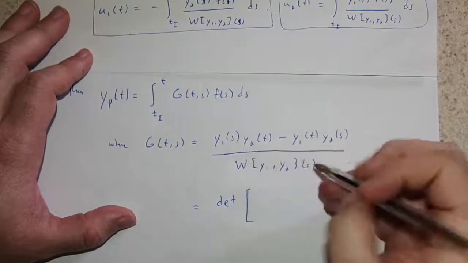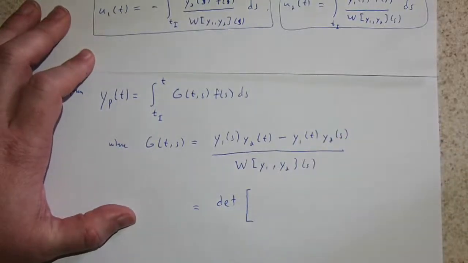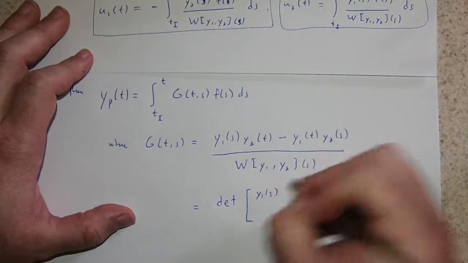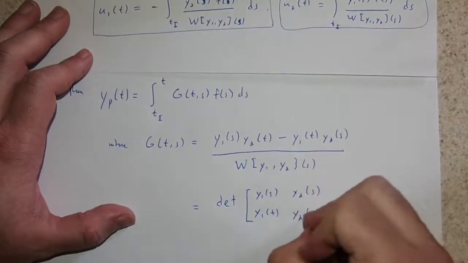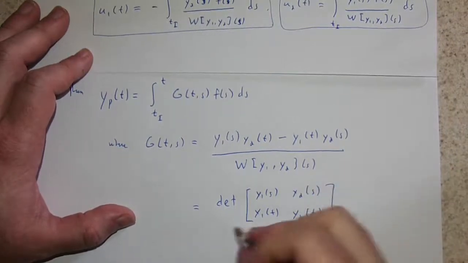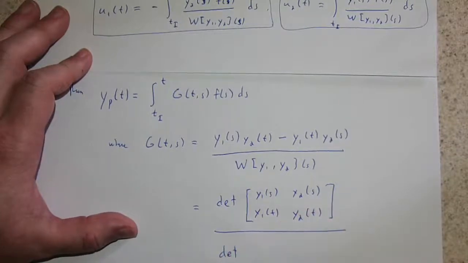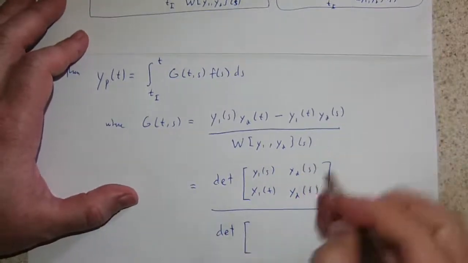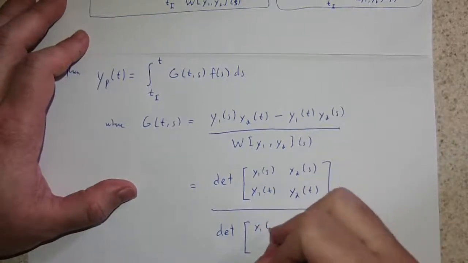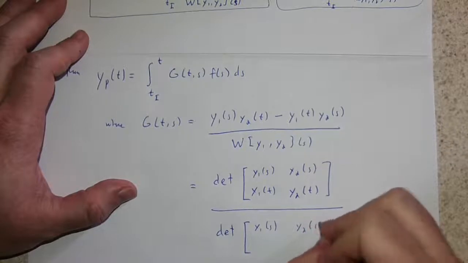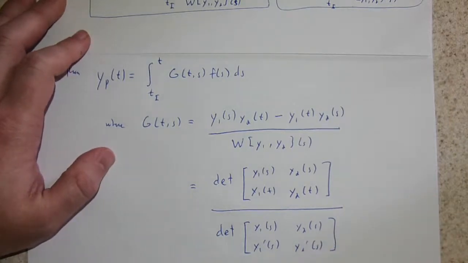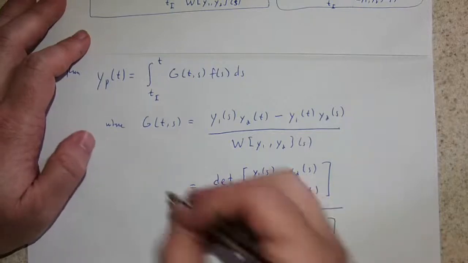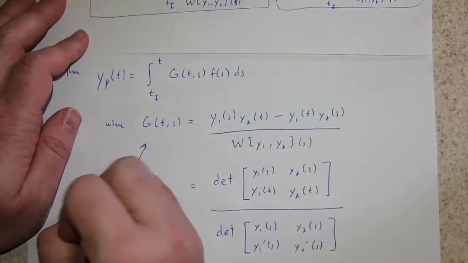This is the determinant of the matrix with rows y1 of s, y1 of t, and y2 of s, y2 of t, divided by the determinant of the matrix y1 of s, y2 of s, y1 prime of s, y2 prime of s. And this big G is called my Green's function.